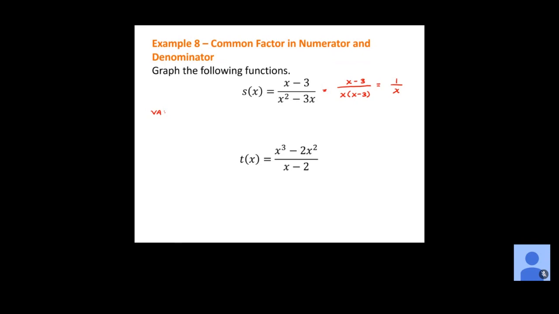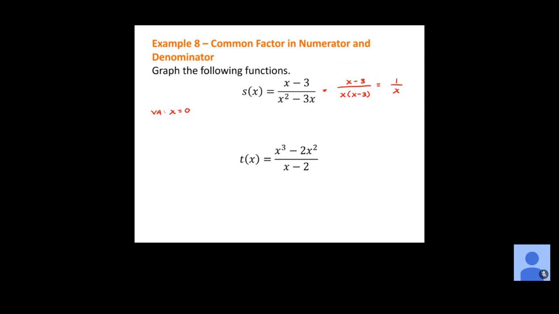We set the denominator equal to 0, right? So what are we going to set equal to 0 this time? Just x, right? So this is going to be x equals 0, which is already solved. That is our vertical asymptote now. Okay, so that's why it's so important to factor first, see if there's any common factors, because if any of them cancel out, we're only going to look at whatever's left in that denominator at the very end and set that equal to 0. So our only vertical asymptote this time is x equals 0.